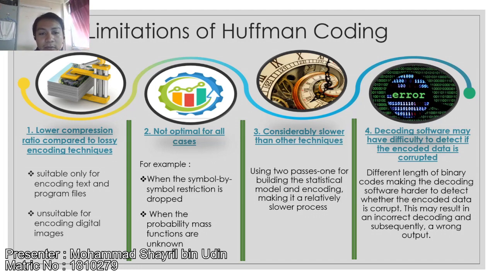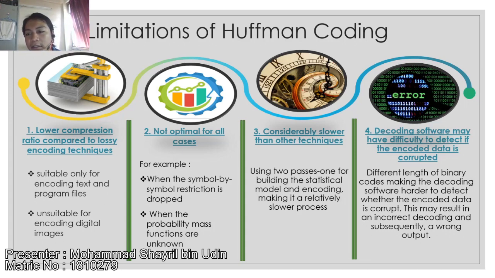Next, it is not optimal for all cases, such as when the symbol-by-symbol restriction is dropped or when the probability mass functions are unknown. Next, Huffman coding is considerably slower than other techniques. This is due to using two passes for building the statistical model and encoding. This makes it a relatively slower process.